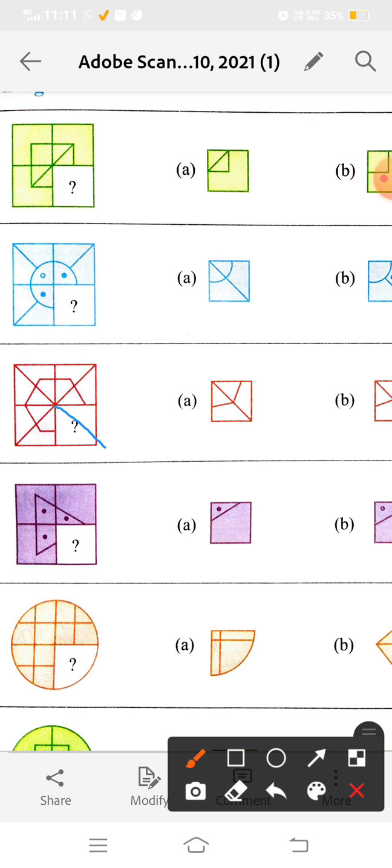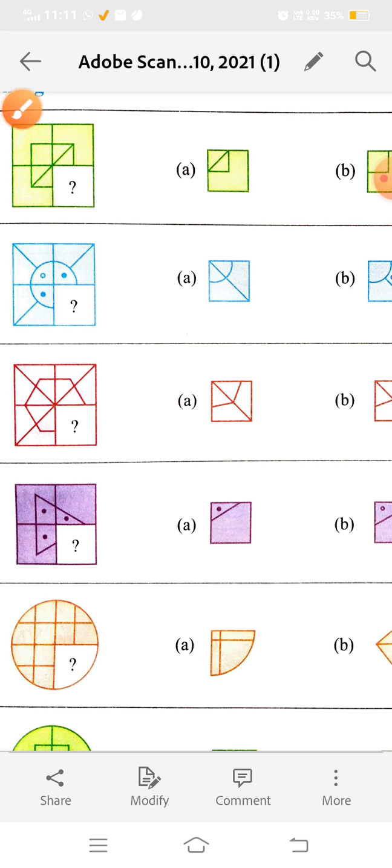So we need to draw this line. Okay, and again like this. And this. So I think option A or C, no, option A is not our right answer.